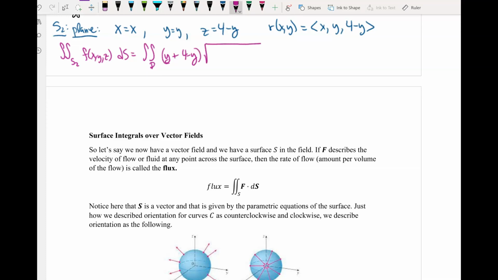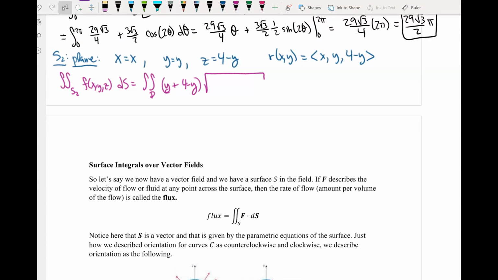We're going to multiply this by the square root of the derivatives, right? So in this case, we're going to look at the f sub x and f sub y. Wait, because we're looking at x and y, looking at this one, this is g.